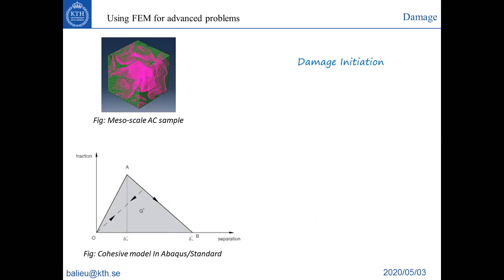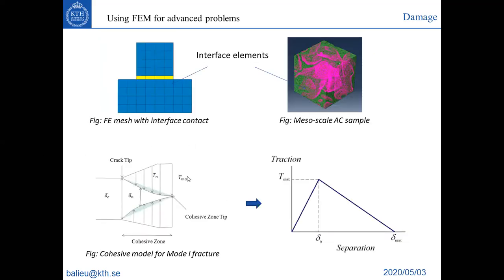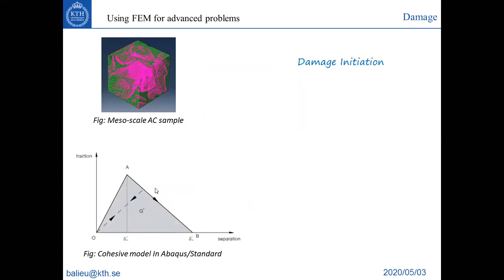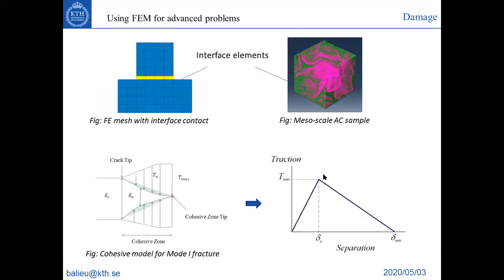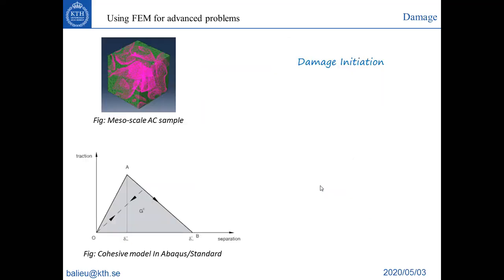So this is a cohesive zone model. Here it was an overview of mode 1 fracture, but of course you can also have shear mode fracture, so mode 2 and 3. So the damage initiation is not only one value as in mode 1, but a combination of both.